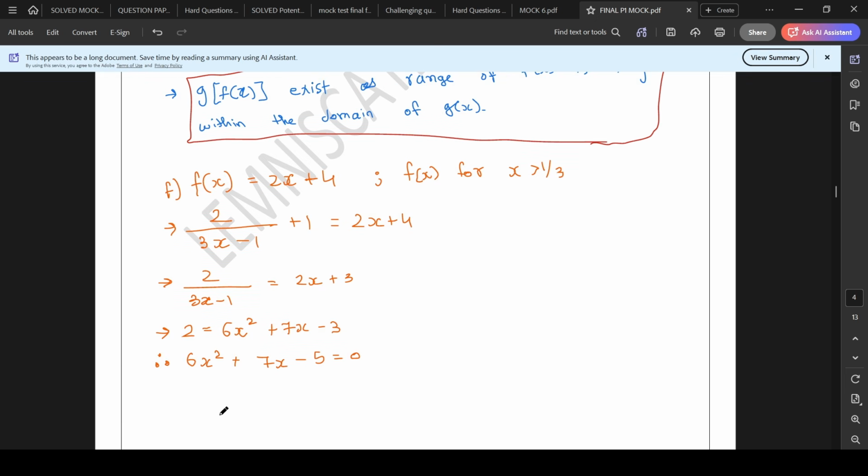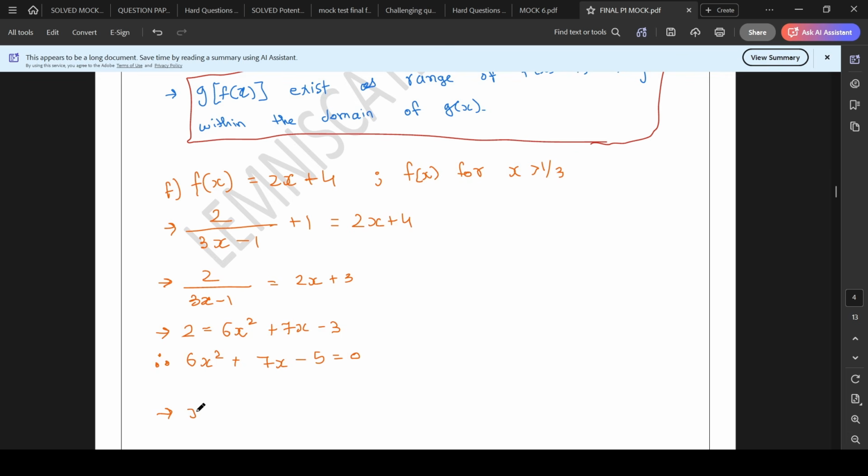Now you can use your calculator and find the final answers. So if I take out my calculator and use the equation mode, of course you can solve it the way that you are used to solving a quadratic expression. So 6, 7 and minus 5 gives me the output values of x as 1 by 2 and minus 5 by 3.